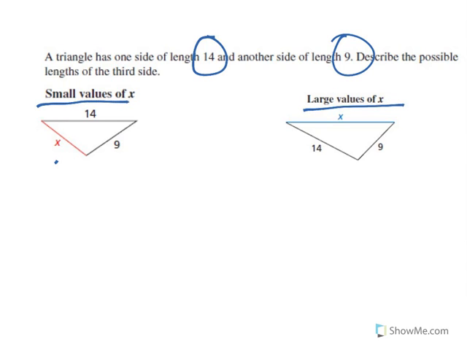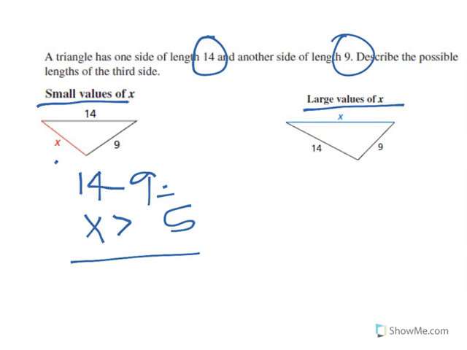When I say small value, what we're going to go over here and do is, if I go ahead and subtract for small, 14 minus 9 is going to give us what? 5. Okay, so over here, we know that x has to be greater than 5, and that's working with the small side.